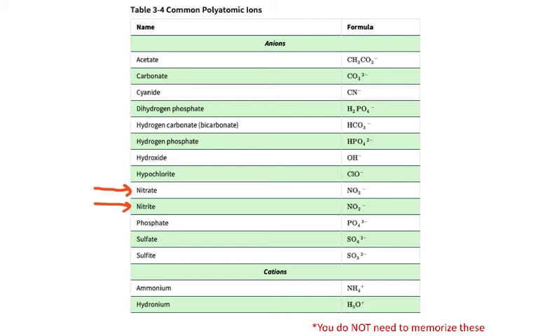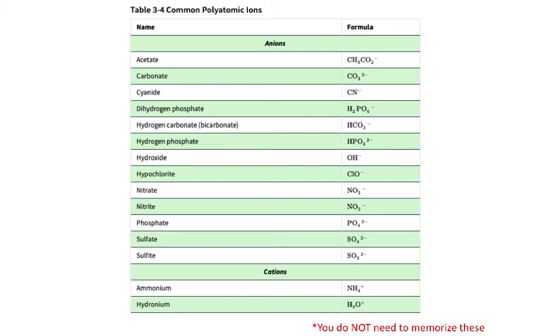So we have like nitrate and nitrite. They're both minus, so NO3- and NO2-. And then you have sulfate and sulfite, but it's SO4 2-, SO3 2-, so there's a difference of oxygen there. But you can always refer to the table when you come across a polyatomic ion.